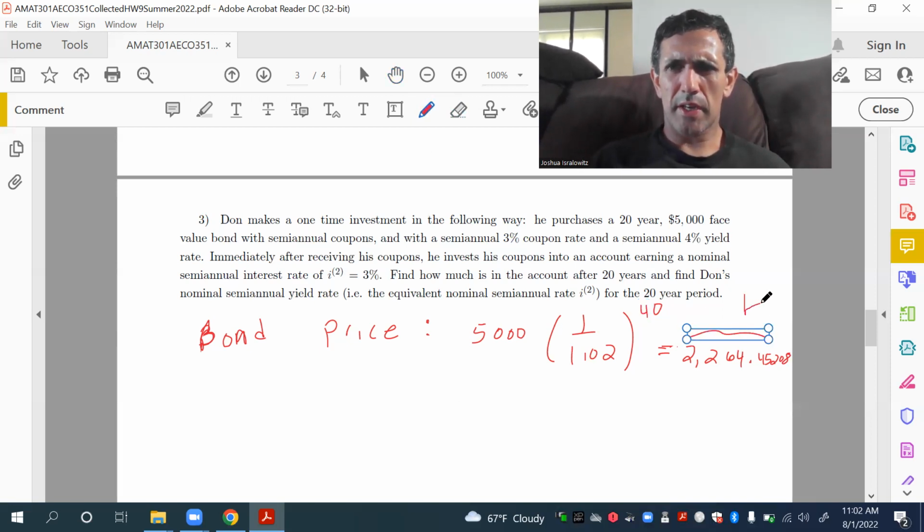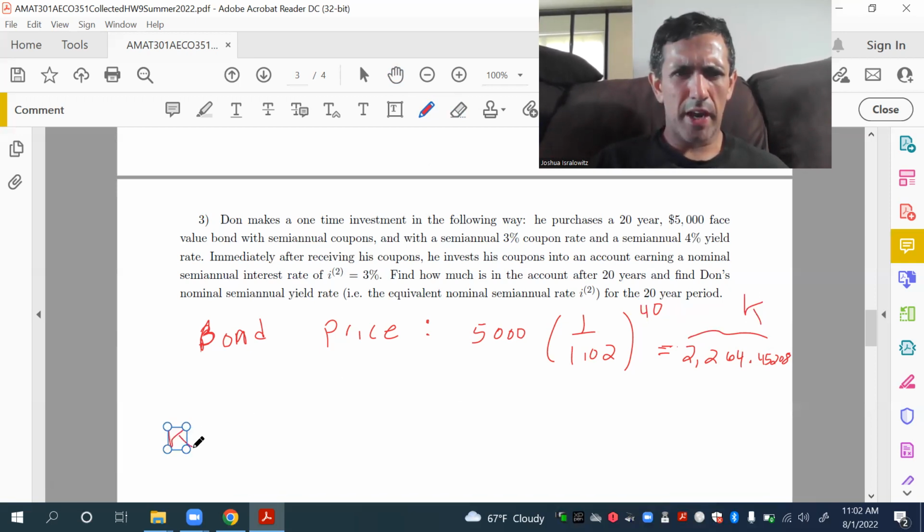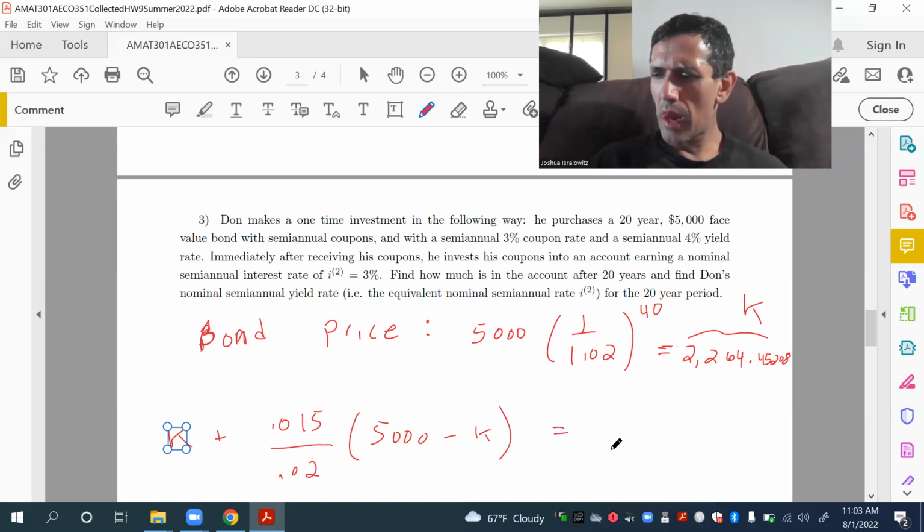Yeah, and this is my K. And remember, the price is K plus R over J, 0.03 over 2 over 0.04 over 2, times 5,000 face value minus K. And so we get 4316.11302.